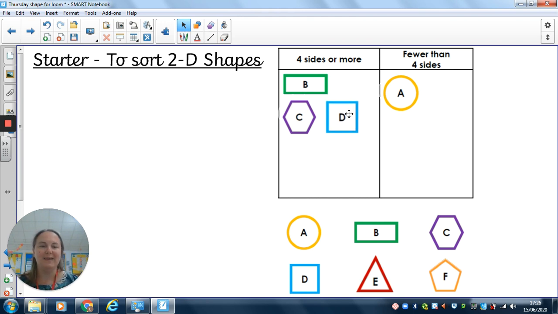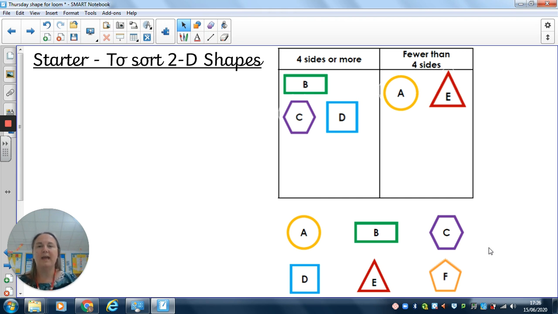Now let's look at E. Count the sides and then point to where it should go on my table. Are we ready? So E has 1, 2, 3 sides for our triangle. So it has less than 4 sides or fewer than 4. So it's going to go in that section.